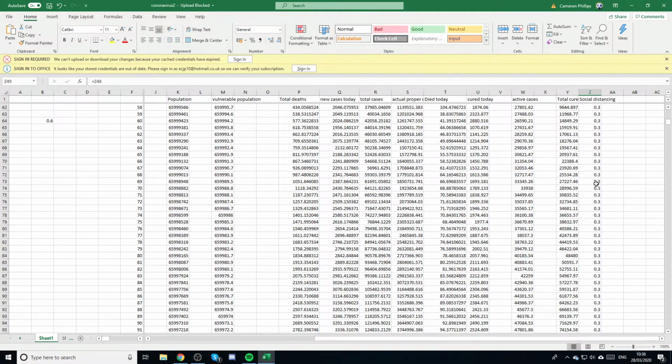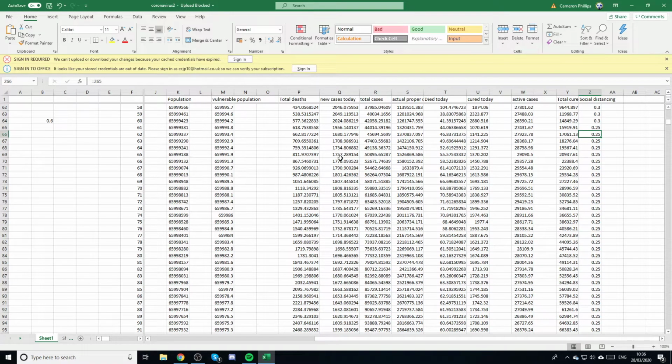If we get it even lower than that with good social distancing, our cured rate starts to get bigger than our new cases today. Look, new cases today 1,700, cured rate 1,800.